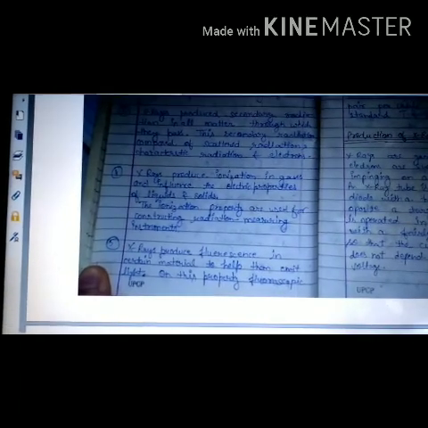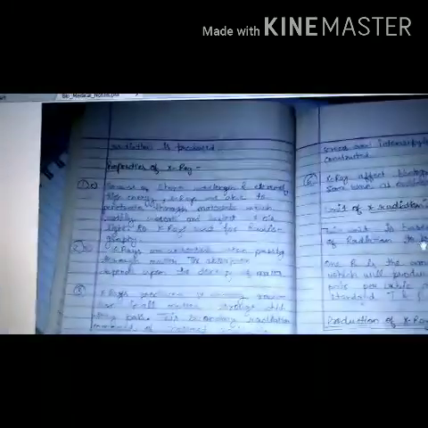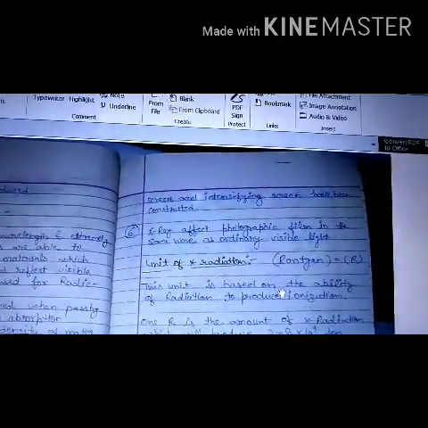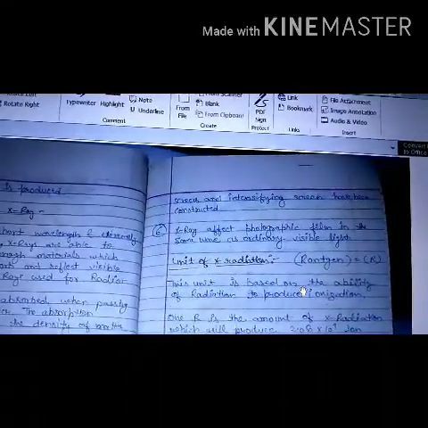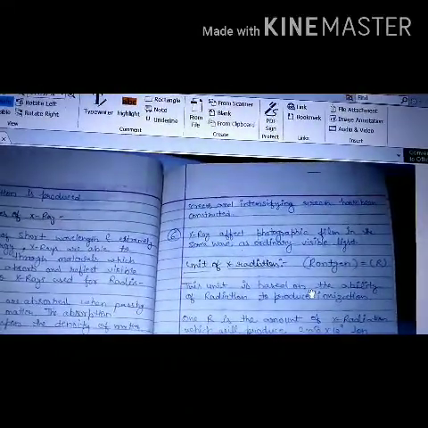And this property of X-ray is used for fluoroscopic screens and intensifying screens having been constructed.